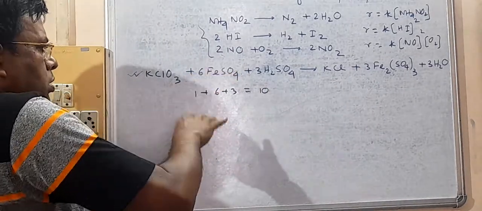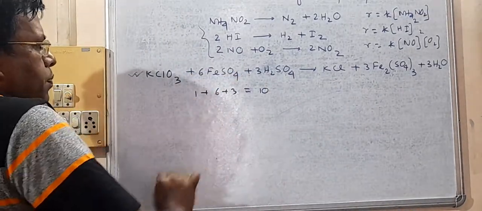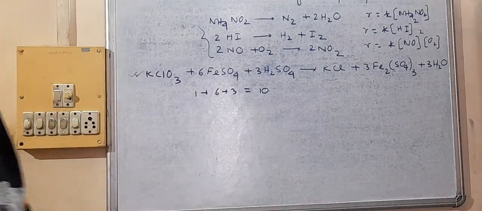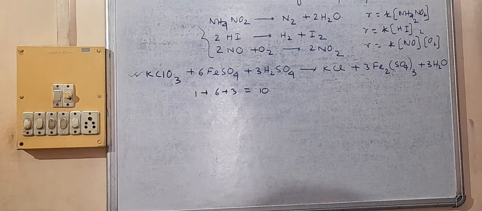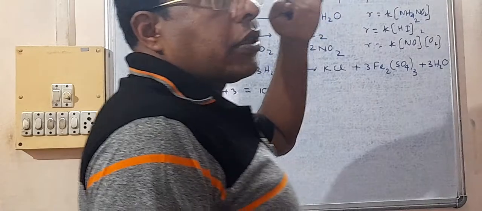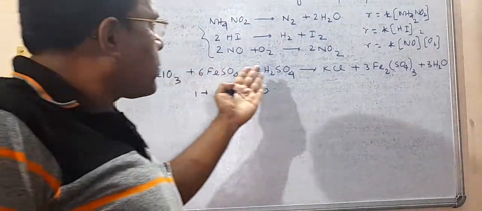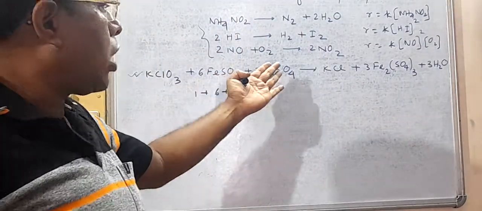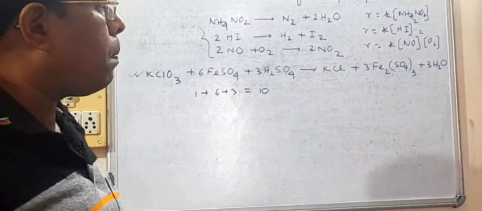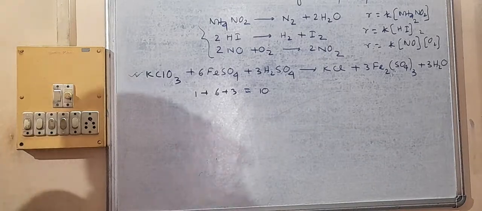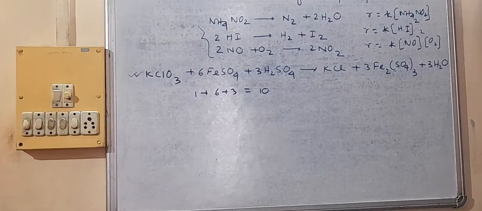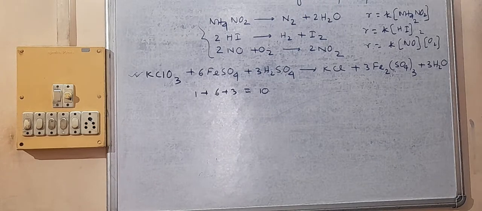It takes place in a large number of steps, and writing steps for a complex process is what is known as mechanism of reaction that we had discussed the other day. Writing steps for a complex process is called mechanism.